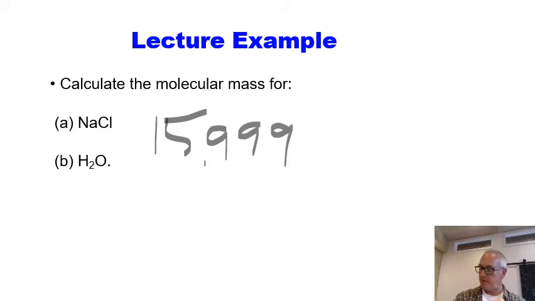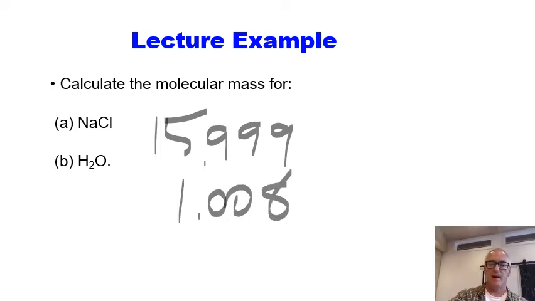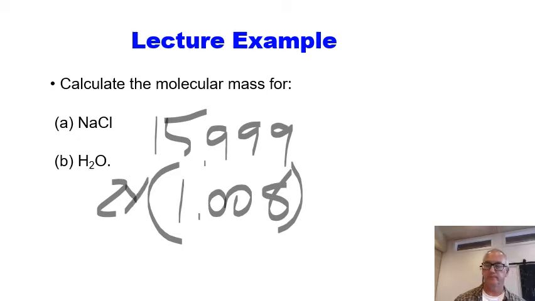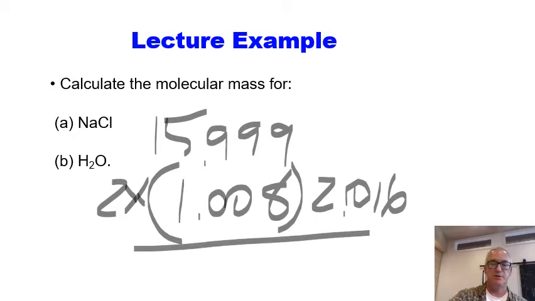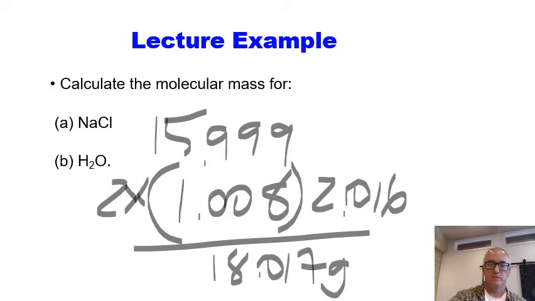And hydrogen is 1.008 grams per mole, but there's 2 of them. So that comes out to 2.016. So I add those 2 together, and I get 18.017 grams per mole.